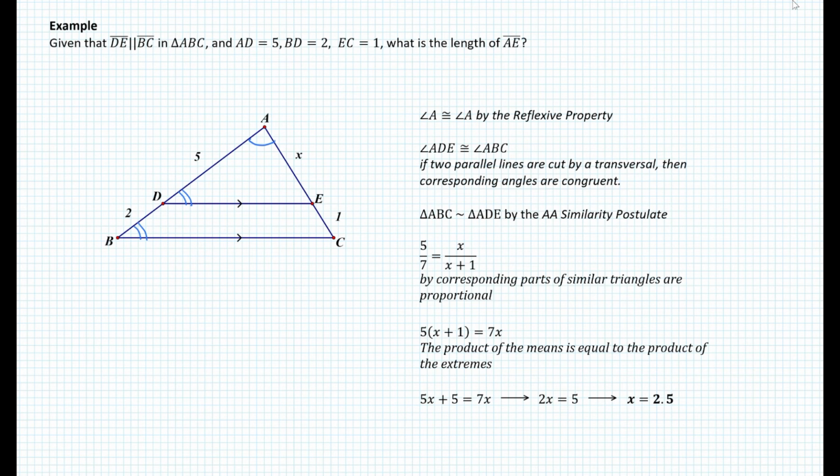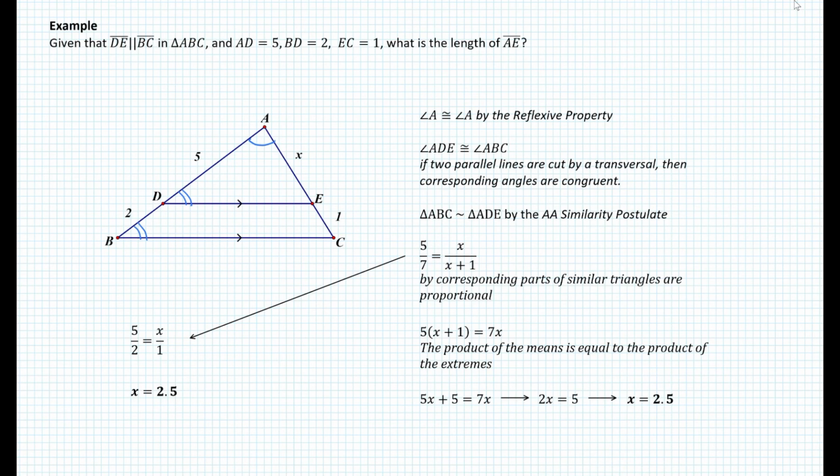So we're taking the proportions not based off the entire triangles ABC and ADE, but just parts of it. So we're saying that 5 over that little piece BD of 2 is equal to x over that small piece of 1. And that is actually going to give us the same answer, namely that x is equal to 2.5.